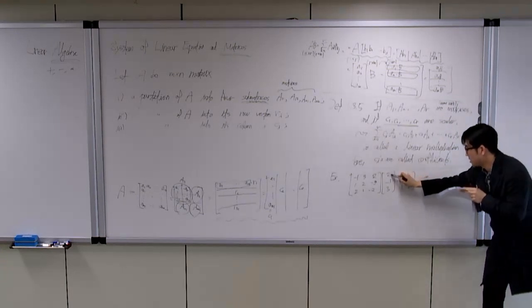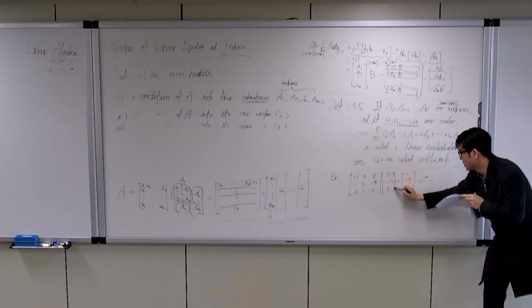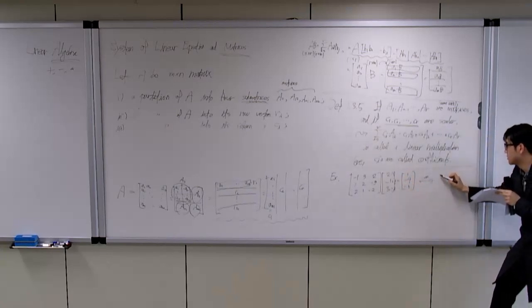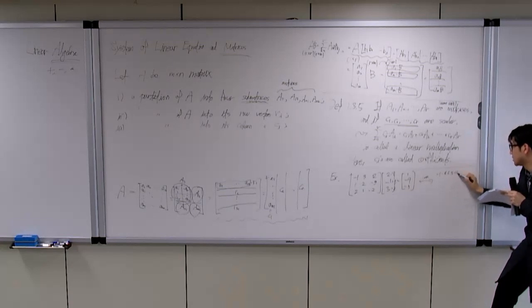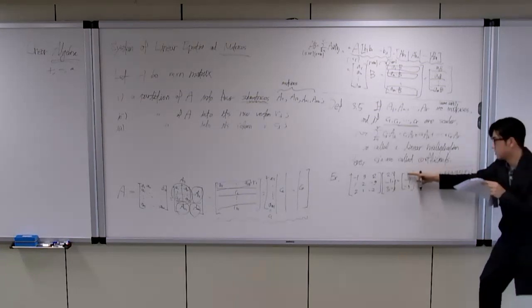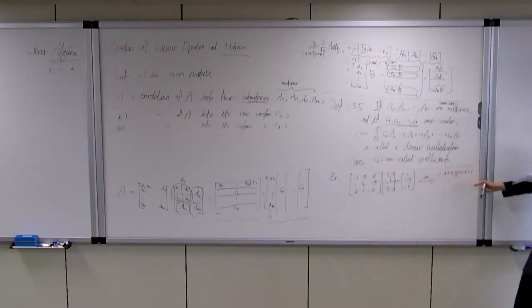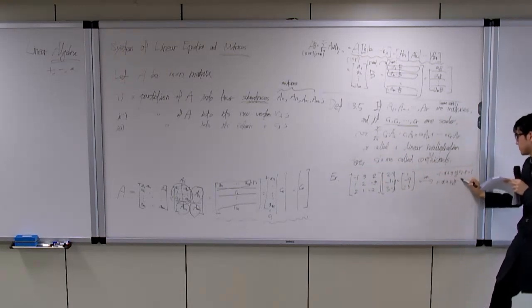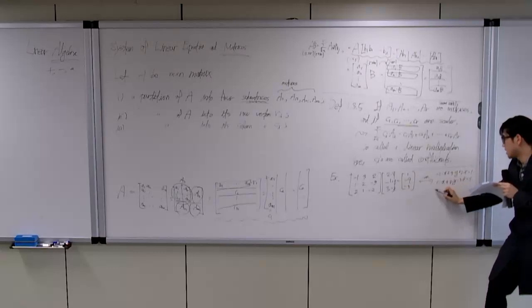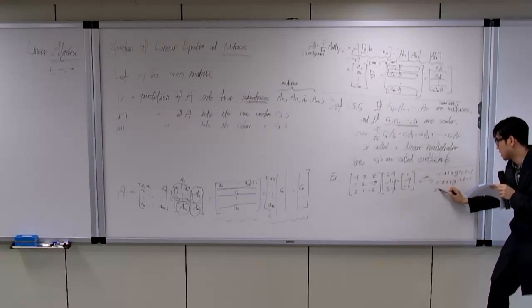If the unknowns are x, y, z, then multiplying this gives, in the first row, 3y plus 2z equals 1, and similarly we get the other linear equations.